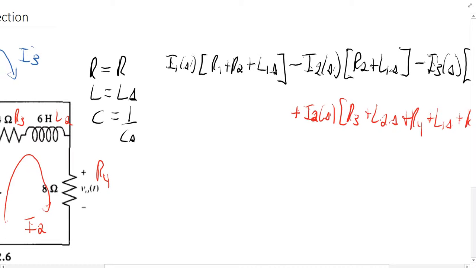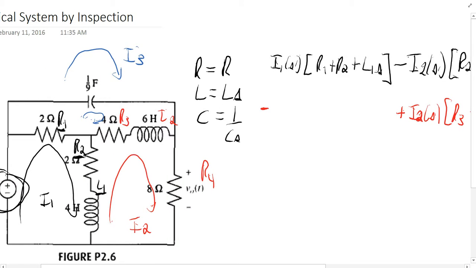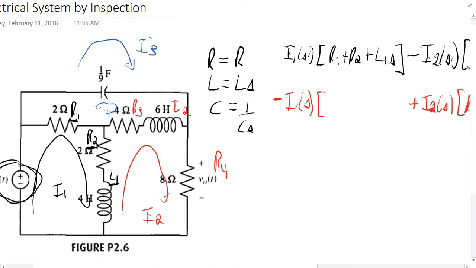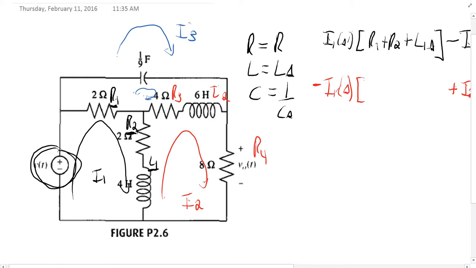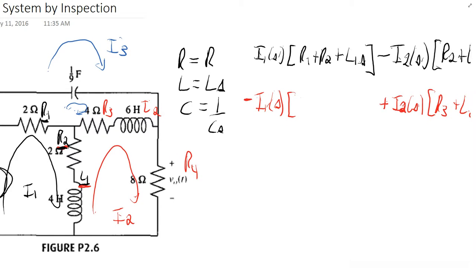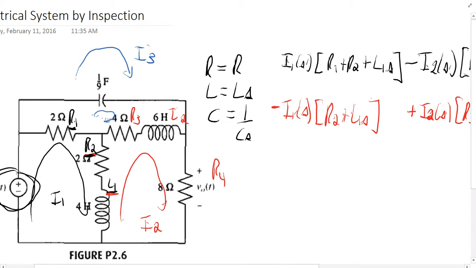Now we're gonna subtract I1 of S, sorry about that, and open parentheses. And now we're gonna look again at what components are being shared by I2 and I1, which is gonna be R2 and L1. So we write R2 plus L1S and close our parentheses. And let's not forget about I3.